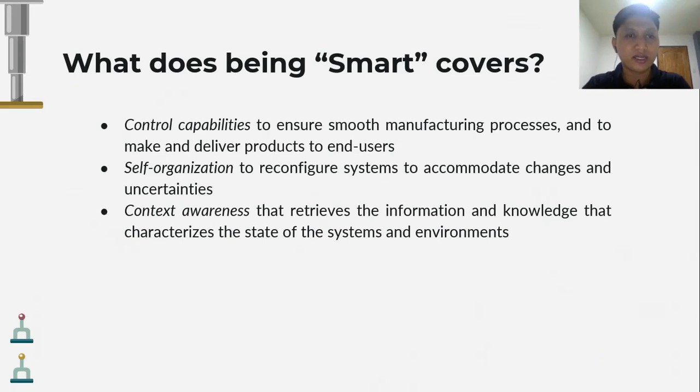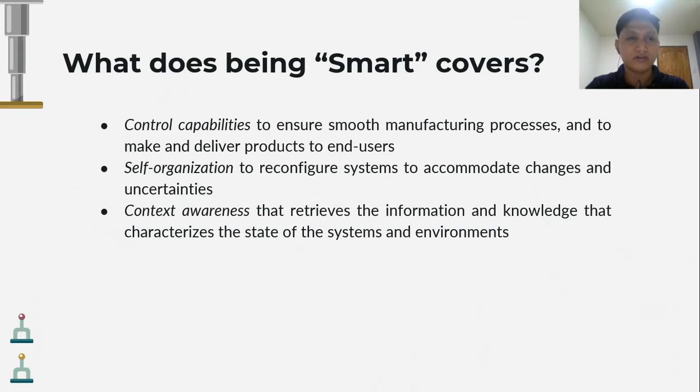Also, it has the control capabilities to ensure smooth manufacturing processes and to make and deliver products to the end users. Also, being smart means you have to self-organize to reconfigure systems to accommodate changes and uncertainties. And lastly, context awareness that retrieves the information and knowledge that characterizes the state of systems and environments.